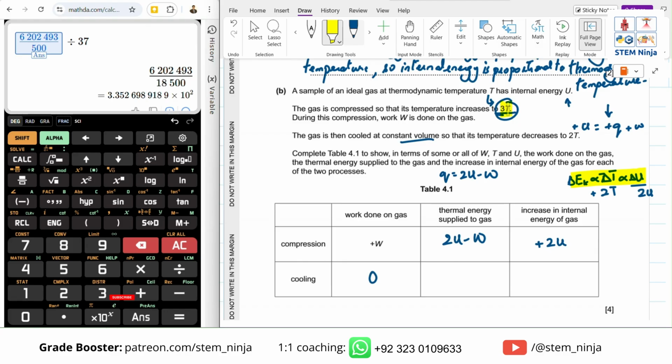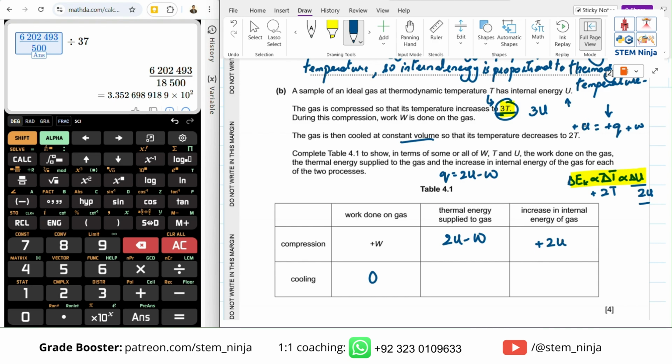So when the temperature increases by 2T, the kinetic energy component, which is directly proportional to the internal energy component, also increases by double. So that would be a similar change. So it would increase to 3U. So that means the change itself would be 2U.